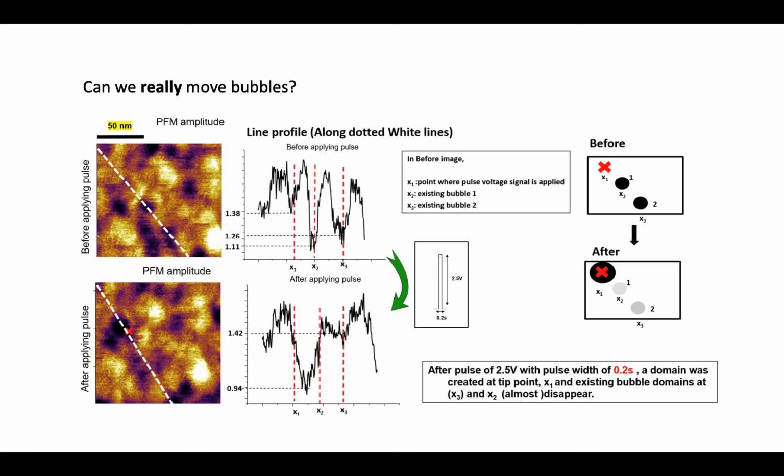But what they managed to see, for instance, is that here we have some sort of bubble state, and then they apply a strong electric field right over here. And surprisingly, what they saw is that two bubbles disappeared and one big bubble appeared, which sort of proves the point in my mind.